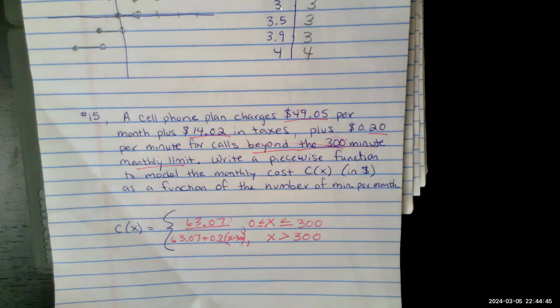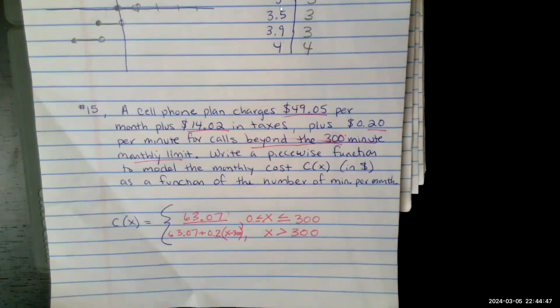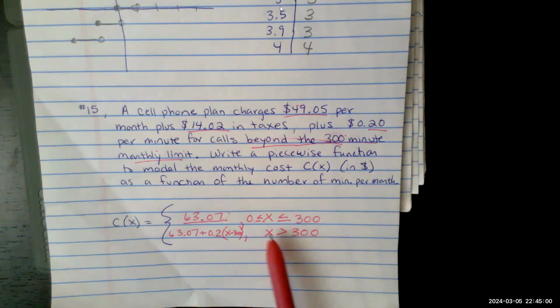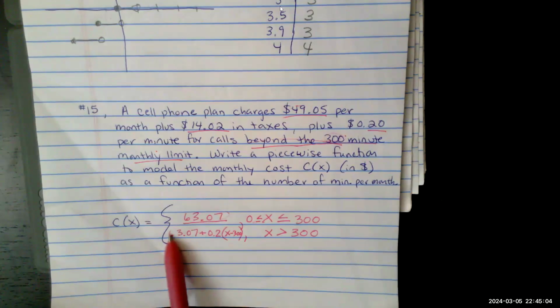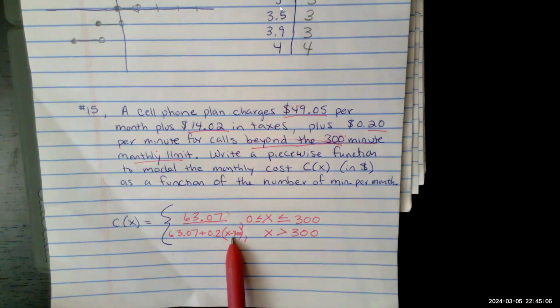So this is a tricky one, but now you've seen it done. So you can try the one on the homework that will be very similar. One case where your minutes are somewhere between 0 and whatever limit they gave you, and it would just be those set costs. And then the other part would be if you are beyond those minutes, you'll have the set cost plus 20 cents per whatever amount you went over.